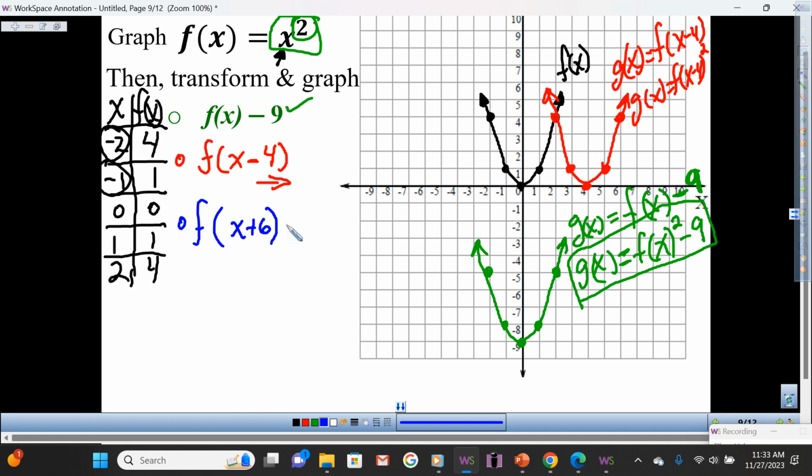Check this out. Plus 3. Oh, let's go. Look at it. Tell your neighbor what's going to happen to the original now according to that.